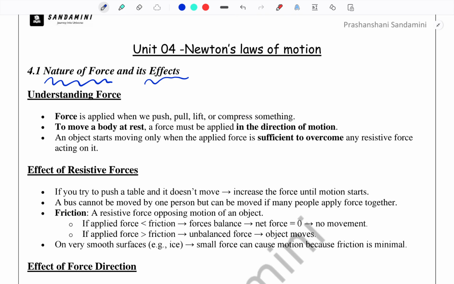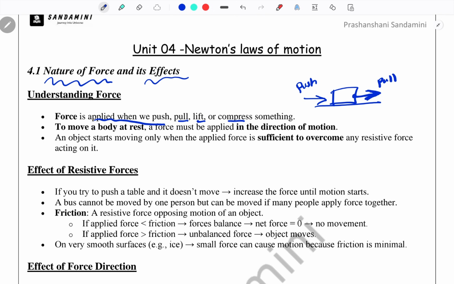Force is applied when we push, pull, lift or compress. That means if you keep an object, you can push it. This is called pushing. And if you pull it, think if you tie a rope to here and you pull, then this is pulling.